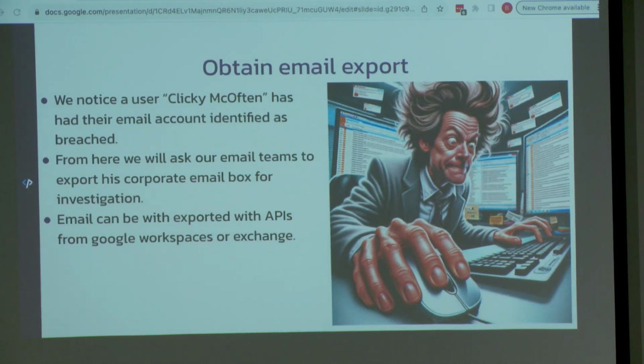So in that data, we notice a user, Clicky McOften, he's here. He's had his email account show up in the breach data. Looking through our incident history, we notice he's had some trouble with malware on his machine in the past.